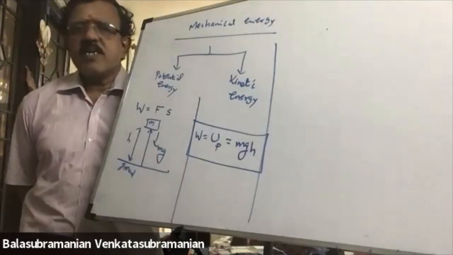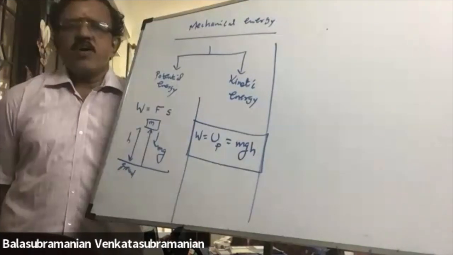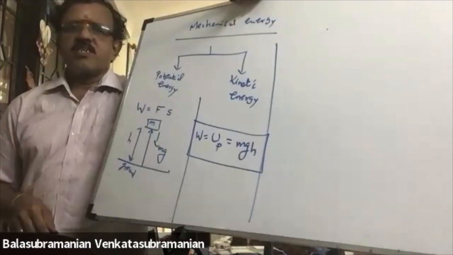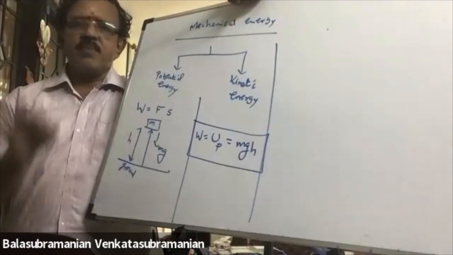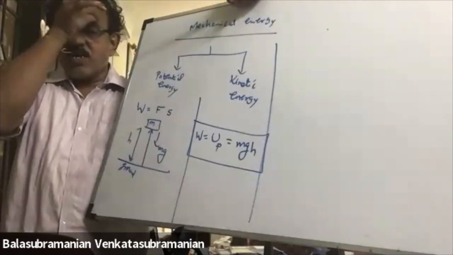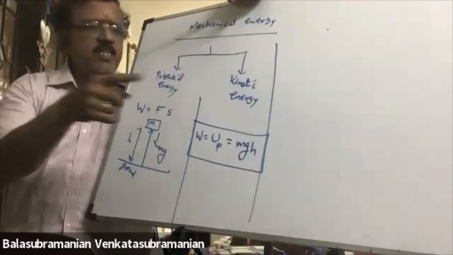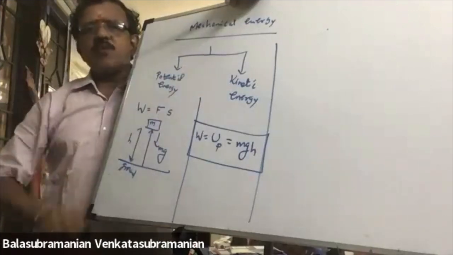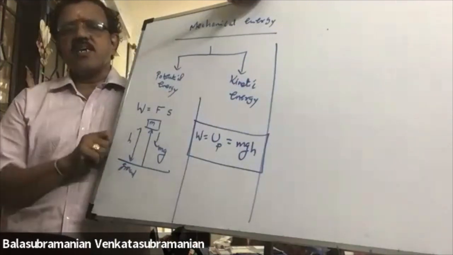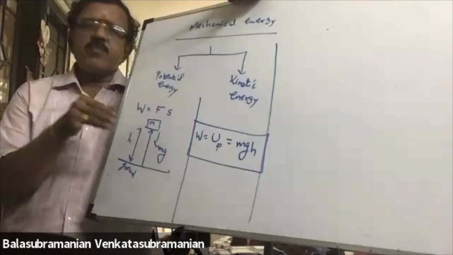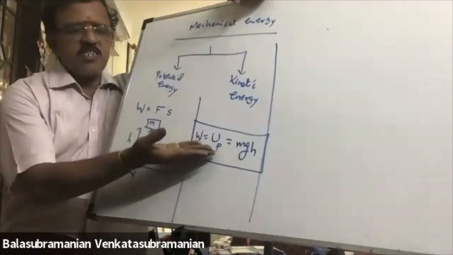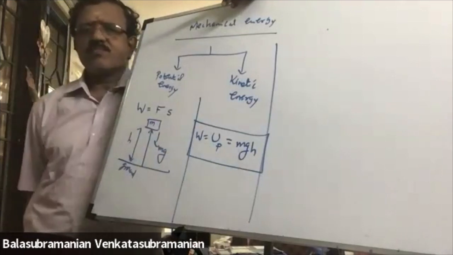Every one of you knows this formula, potential energy expression mgh. But unfortunately, most of the students, when the teacher asks what is potential energy, what is the expression, immediately tell mgh. mgh is not always true. You should remember only the work done, because elastic potential energy is there, electric potential energy is there, gravitational potential energy is there. The formula will change. This is the potential energy for a body raised to a height.